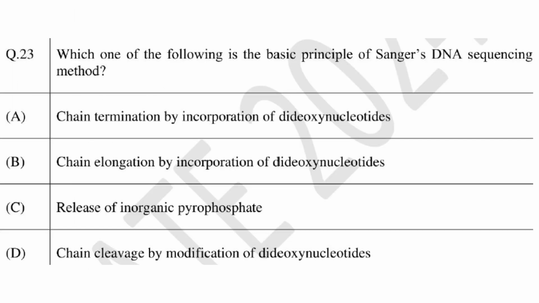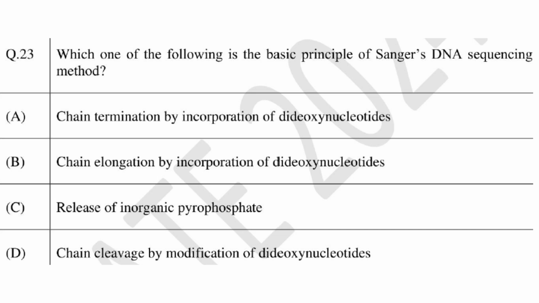Then next one. Which of the following is the basic principle of Sanger's DNA sequencing method? Now Sanger's DNA sequencing method is also known as dideoxy chain termination method. In this method, once the dideoxy nucleotides are incorporated into the growing DNA strand, it will terminate the reaction there. So you will get different fragments of varying length.